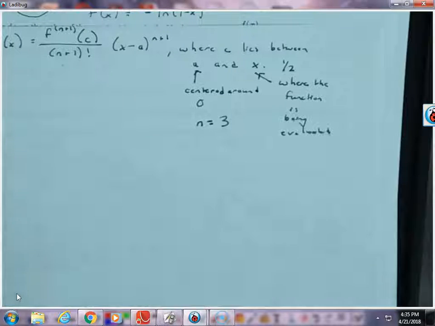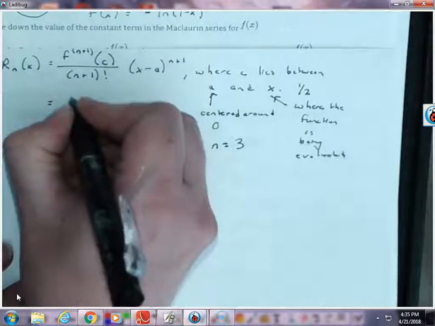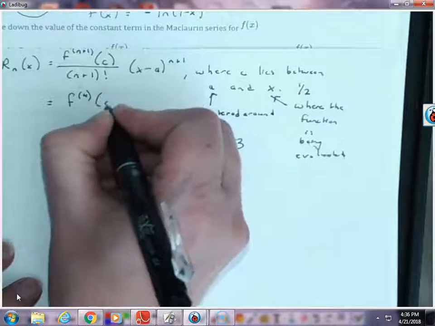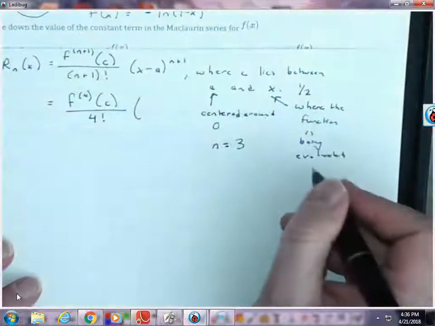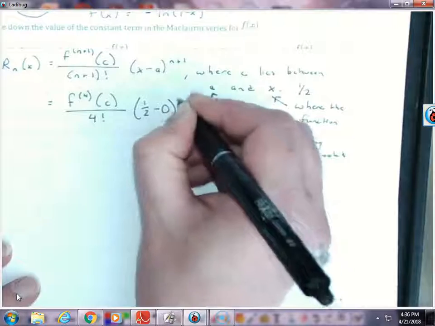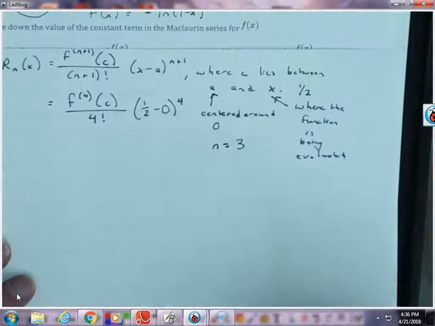And so we have all of that. Let's just plug in what we know. I'm going to need the 4th derivative evaluated at c over 4 factorial. Here, this is going to be 1/2 minus 0 to the n plus 1 again, so 4. Okay, so I'm going to need that 4th derivative.